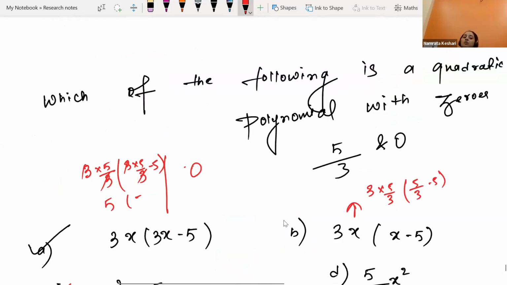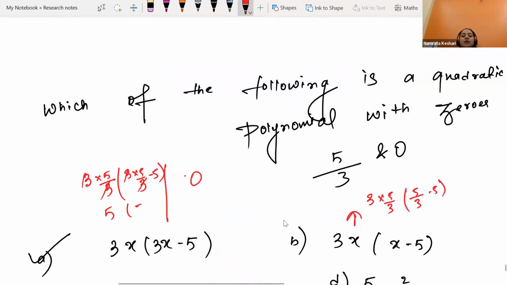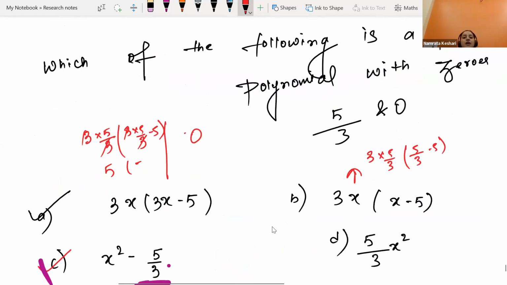Yes, this is also the best way to figure out whether these two are the zeros or not. Zeros means that when we substitute them in the polynomial, the complete result has to be 0. So option by option we can check and start eliminating the options. Option A is satisfying. When you put 5 by 3, it satisfies the equation.